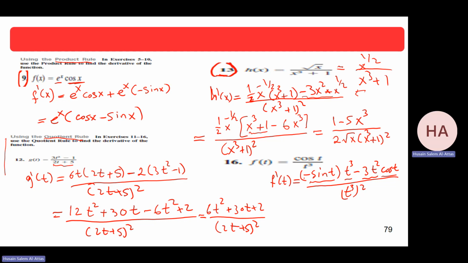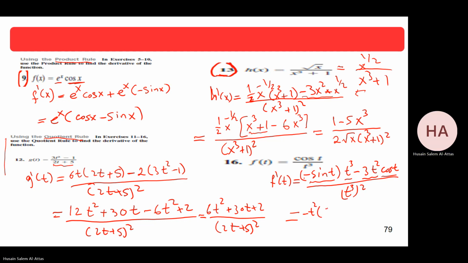And that will give us what? Yeah, I can take t squared common factor or minus t squared common factor in the numerator. So I have what?